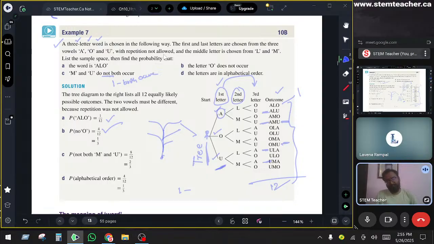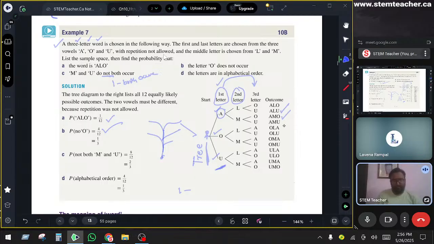It means they can occur singly also, but that way you will get a lot of numbers. So there are 8 possible outcomes having either M or U, not both. See, there is U, this we need.